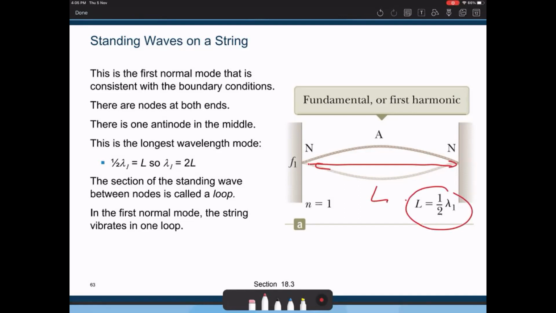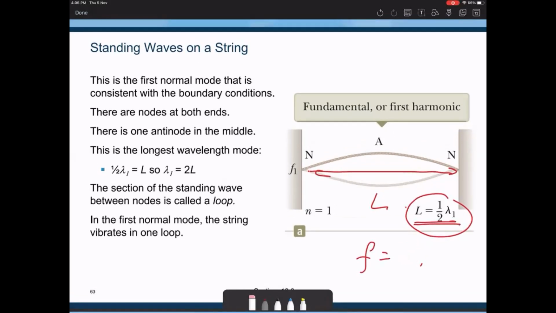So this would be the standing wave pattern that is the simplest and with the lowest frequency. The length of the string is related to the wavelength, and therefore the frequency, which is equal to V over lambda, would be equal to V over 2L.